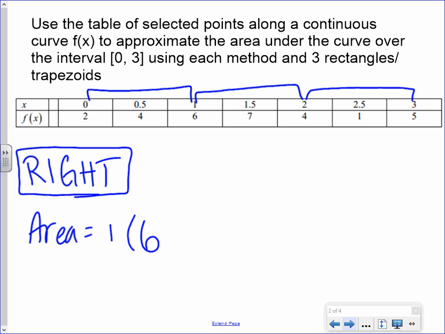We're on the right side of the end of our rectangle. From 1 to 2, what's our height? 4, because that's on the right side there. And from 2 to 3, our height would be 5. That's the right end of that rectangle. Okay? So here are areas, 15.